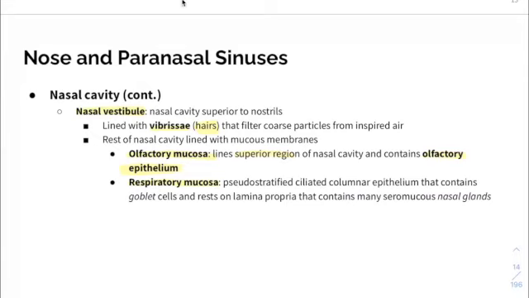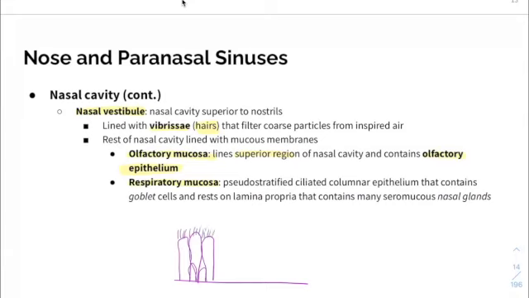Well, that respiratory mucosa is made up of pseudostratified ciliated columnar epithelium. Remember from Anatomy 1 what that looks like. So those tall columnar cells, they're not all going to reach up to the top, but they all touch that basement membrane. That's what makes them pseudostratified, and they're ciliated, so they have hair-like projections on them.